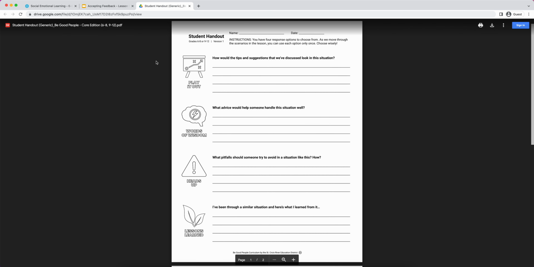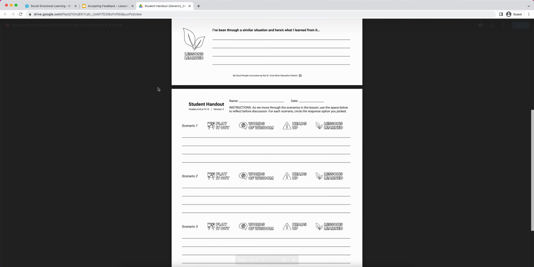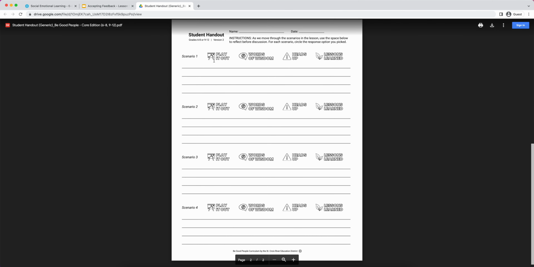It's a little bit more gamified. They have to make a strategic decision about which one they're going to use. I think that's just kind of fun. The other option, though, if you want to put a little bit less pressure on them, is that for any scenario, they can just circle and pick any response technique. So pros and cons, but it's completely up to you. I'm offering you guys a choice.